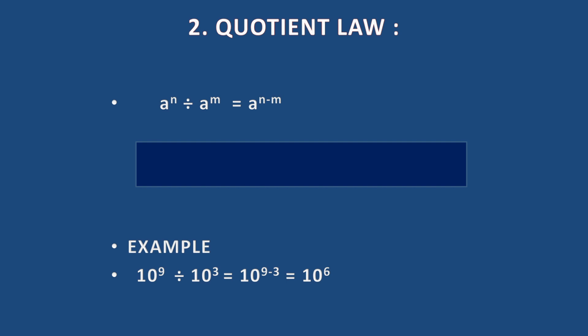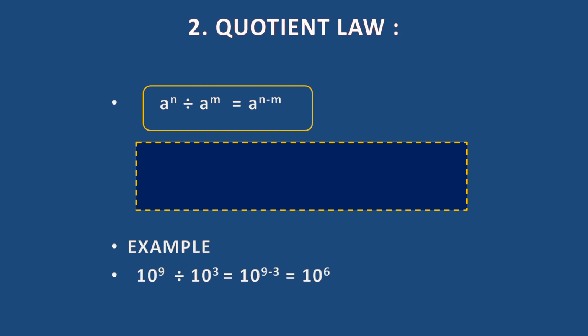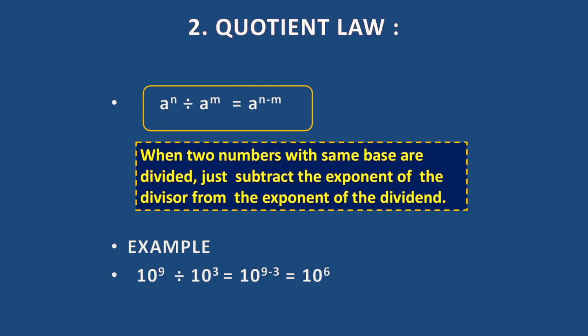So the answer will be 10 raised to the power 6. When two numbers with the same base are divided, we just subtract the exponent of the divisor from the exponent of the dividend.